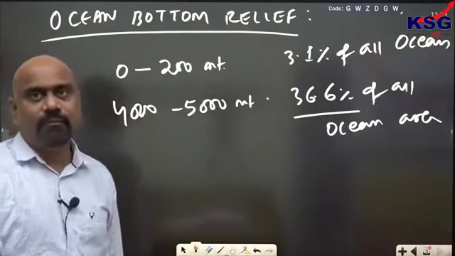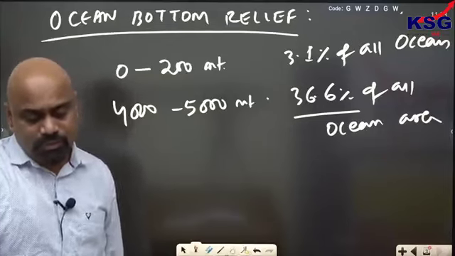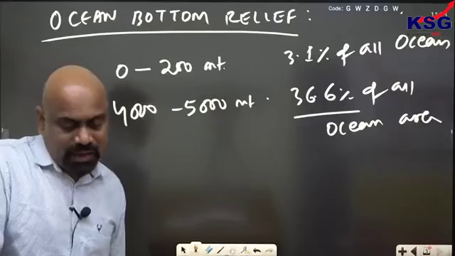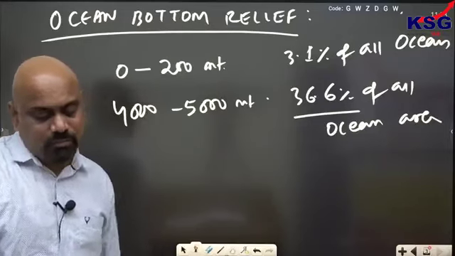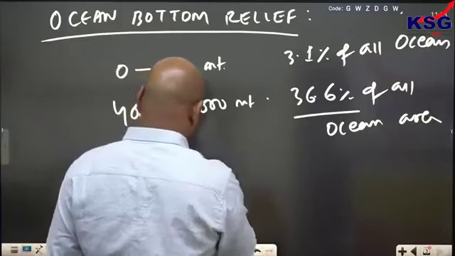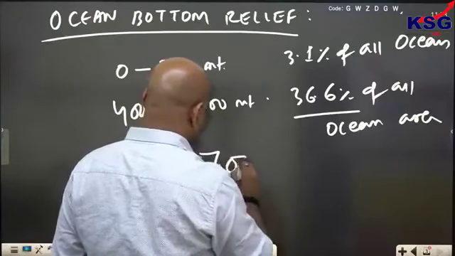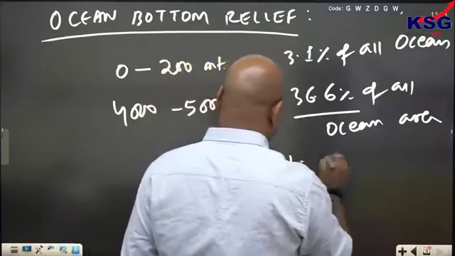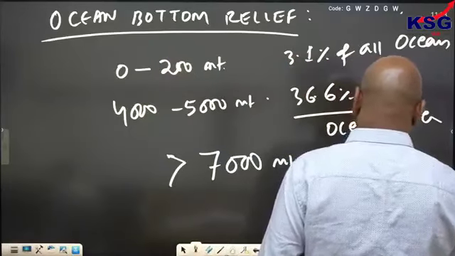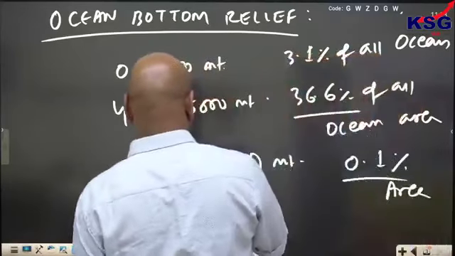Deep ocean is there. And above 7000 meter, it is 0.1% area of the entire ocean surface.